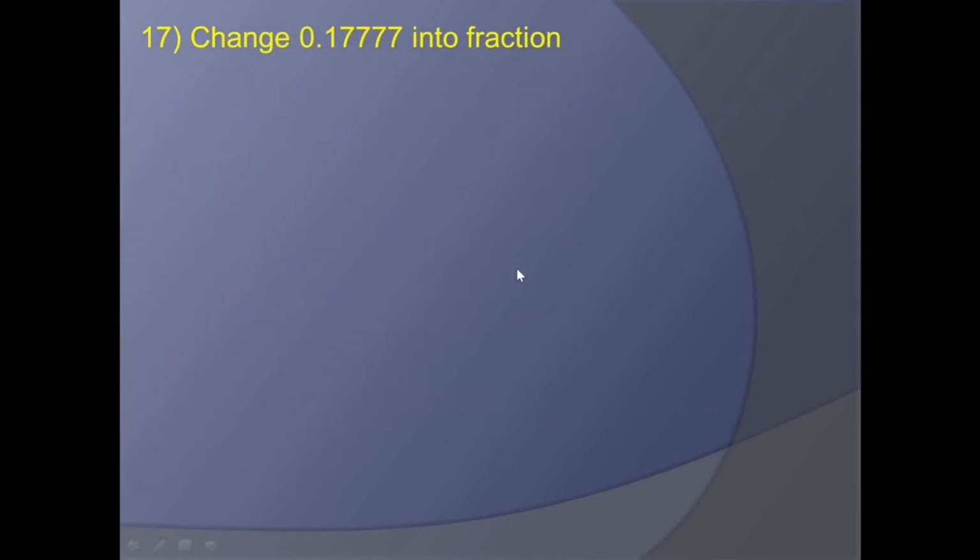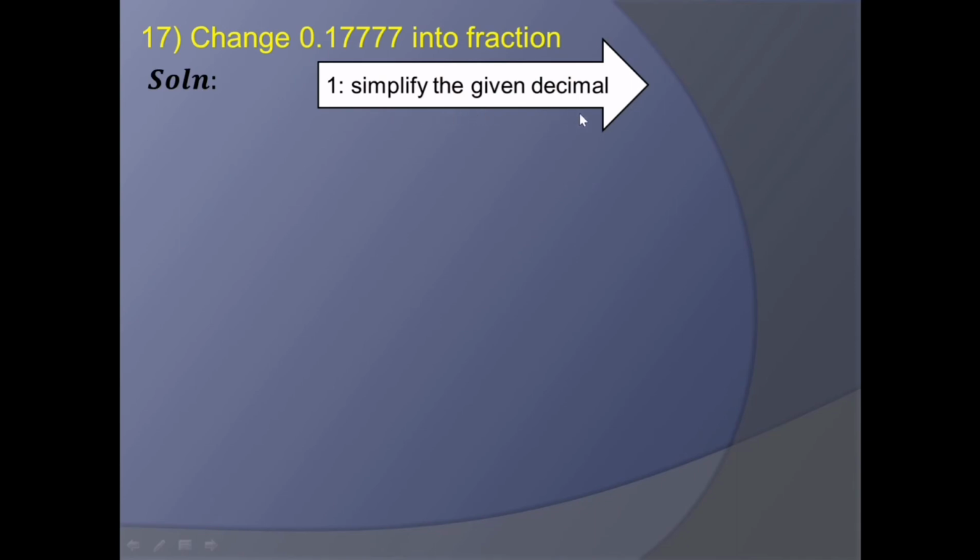Number 17. Change 0.1777 into a fraction. Okay, so we're going to simplify the given decimal. Same process. So 0.1777 becomes 0.1 then 7 with a vinculum. This time it has a non-repeating digit, which is 1, and a repeating digit, which is 7.